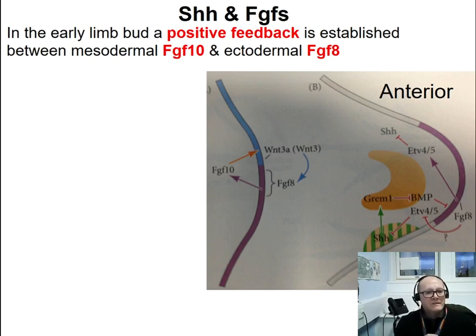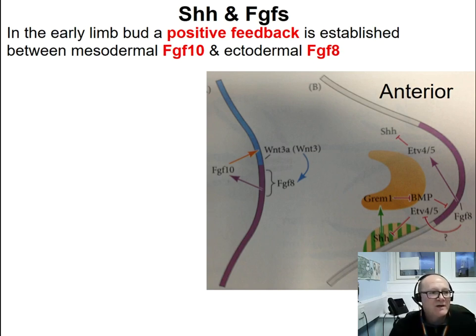Okay, so SHH also plays an important role connecting the zone of polarizing activity with the apical ectodermal ridge. How does this happen?